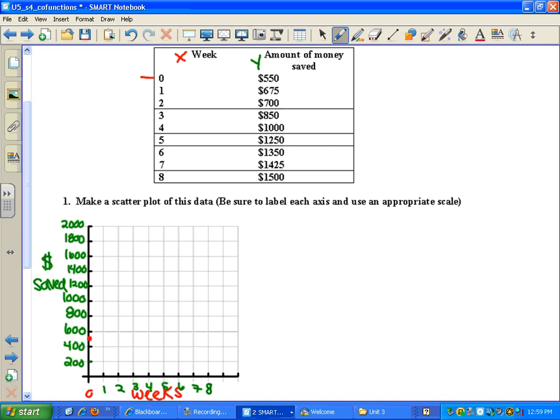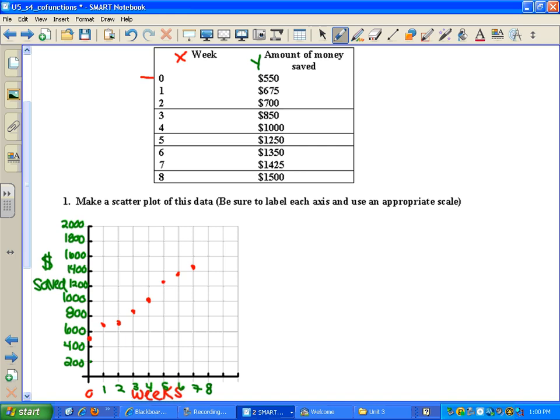So 700 would be right in the middle, so I'm going to go just below that. 2 weeks is 700, so right about the middle there. 3 weeks is 850. 4 weeks is 1,000. 5 weeks, 1,250. 6 weeks, 1,350. 7 weeks, 1,425.